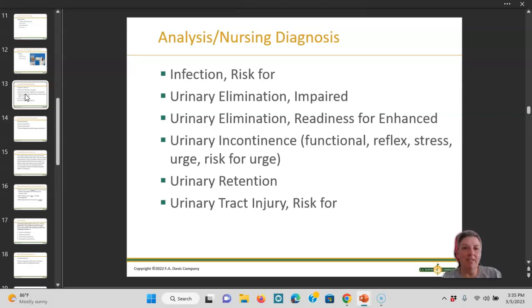Urinary retention, that means you can't go. Sometimes that's a sign for a urinary tract infection. Urinary tract injury. So why would you be at risk for urinary tract injury? Okay, think about these.